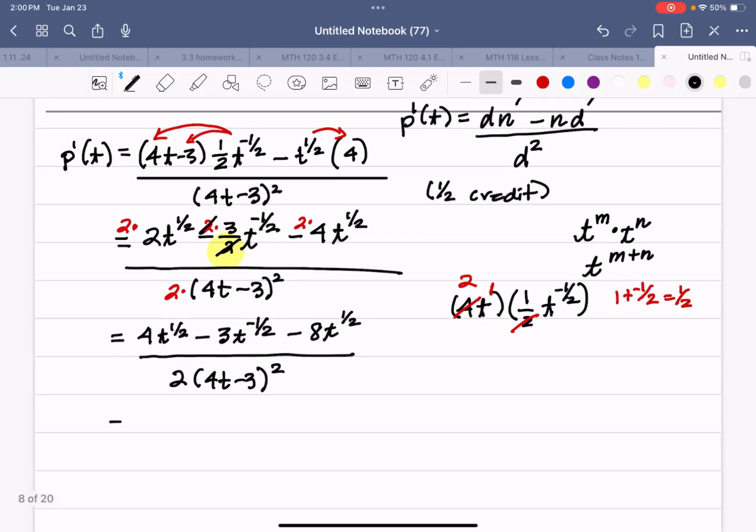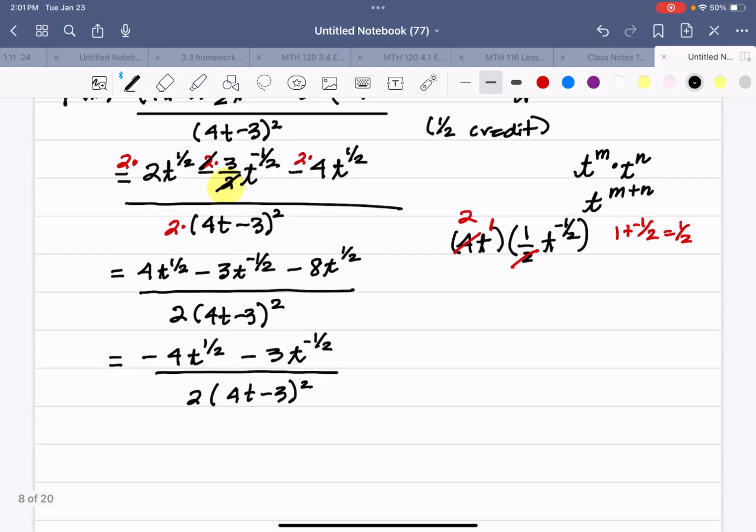And we're almost to a satisfactory full credit answer, but I do have some like terms. 4t to the 1/2 minus 8t to the 1/2 is a negative 4t to the 1/2. So we have negative 4t to the 1/2 minus 3t to the negative 1/2, and all of that is over 2 times 4t minus 3 squared.